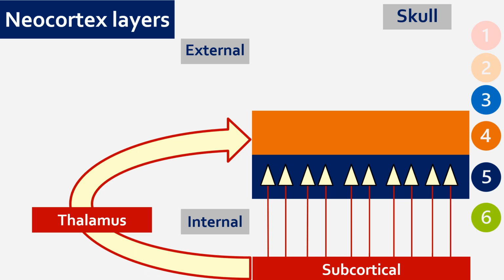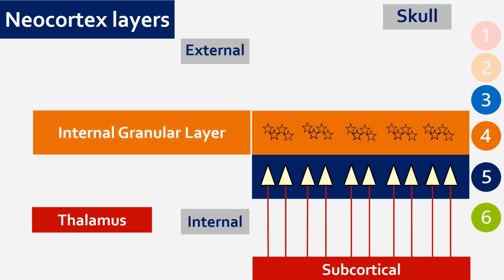The feedback into the cortex from these regions comes through the thalamus into layer 4. Layer 4 is called the internal granular layer because of its appearance. It contains large numbers of very small neurons, stellate neurons or granular neurons. This granular nature of these cells, and the large number of them being very small, gives the name internal granular layer.